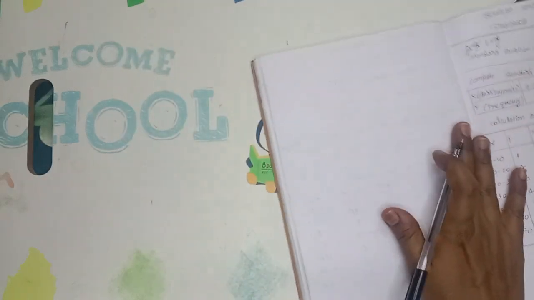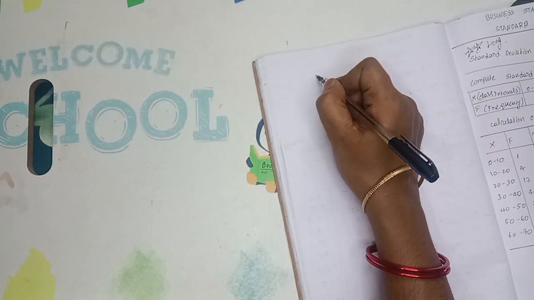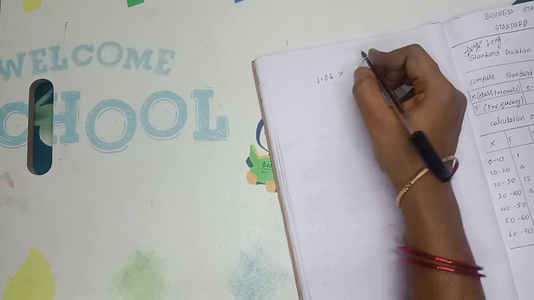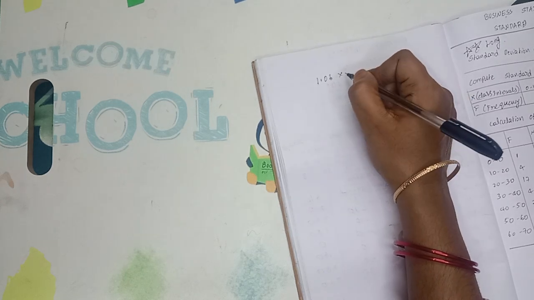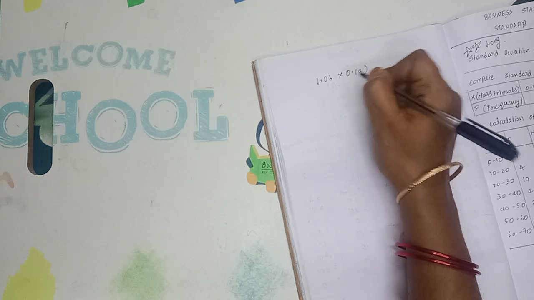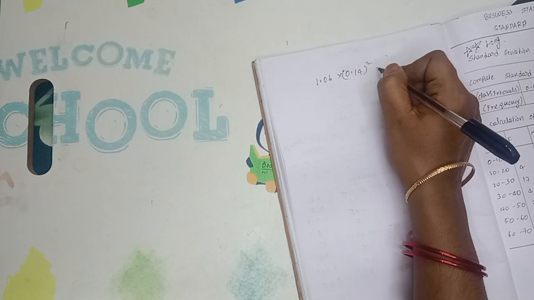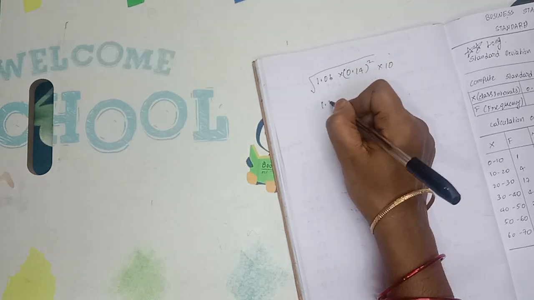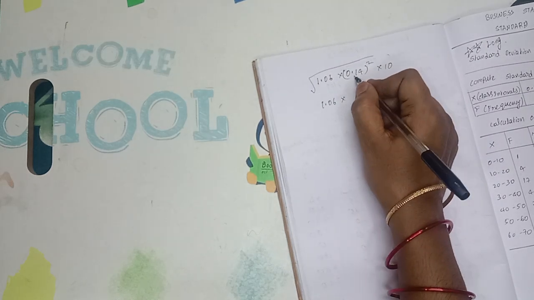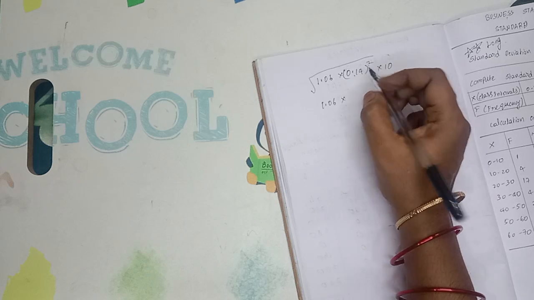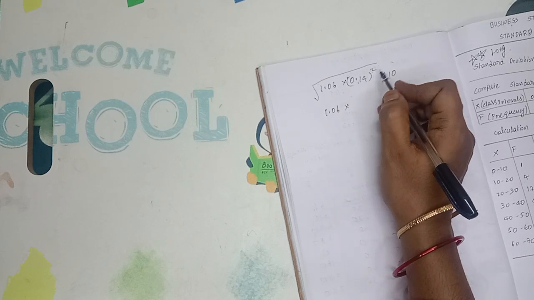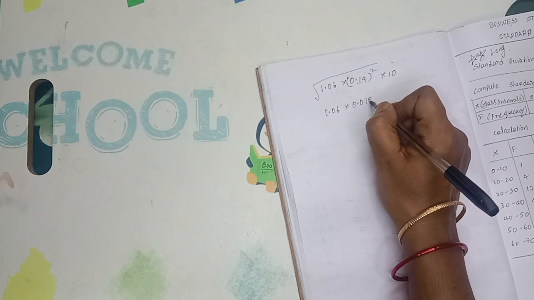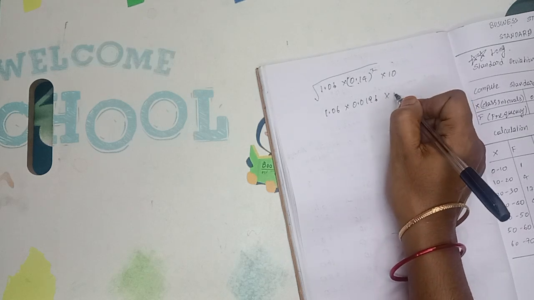So here, 106 divided by 100 will be 1.06, minus 14 divided by 100, which is 0.14, whole square, and into 10 under root. Again 1.06 as it is, and 0.14 square means 0.14 into 0.14, that will be 0.0196, into 10.